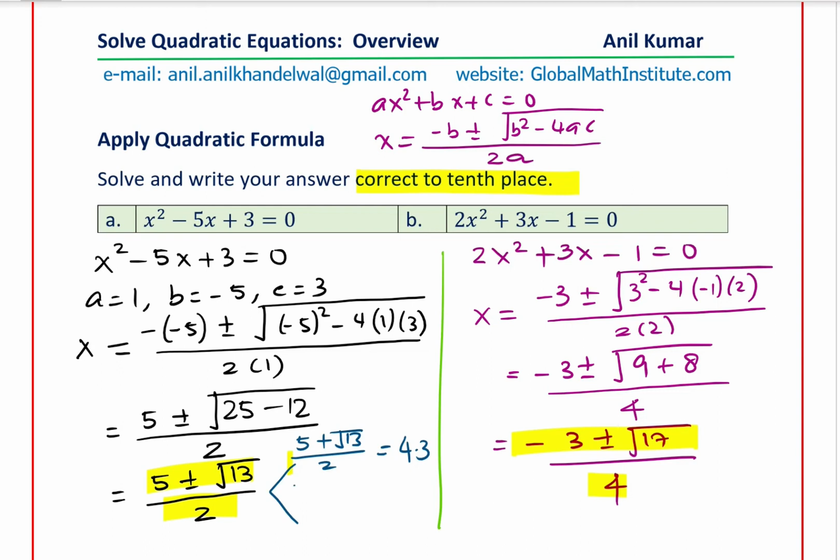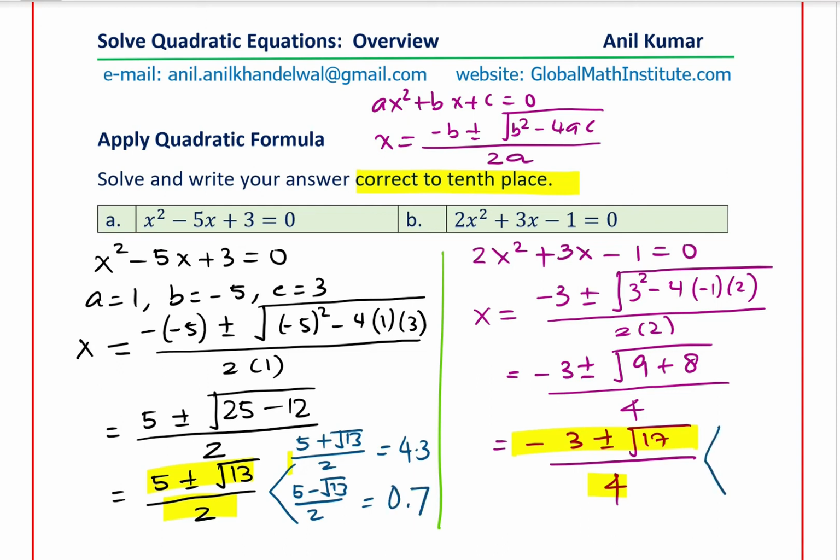The other one is 5 minus square root 13 divided by 2, and let's calculate this. 5 minus square root 13 and dividing by 2 in decimals, we get a value 0.697, which could be written as 0.7. Correct?